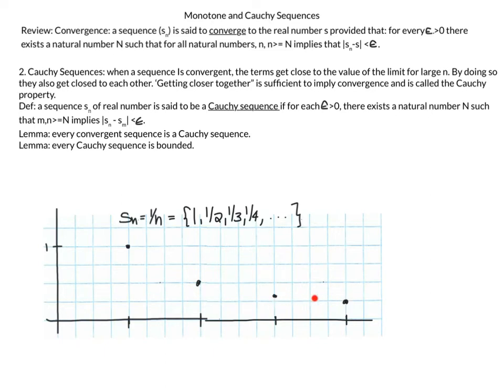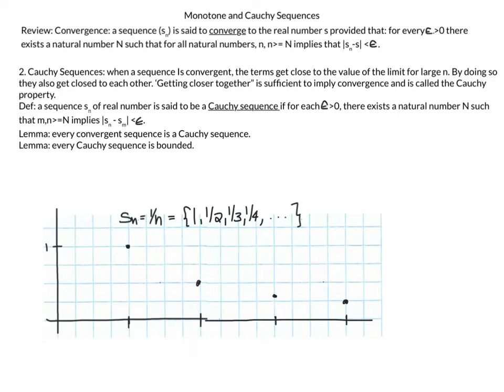So these points are getting closer and closer together as Sn converges towards its limit. And the Cauchy condition or property tells us that these terms getting closer together is sufficient to guarantee convergence.